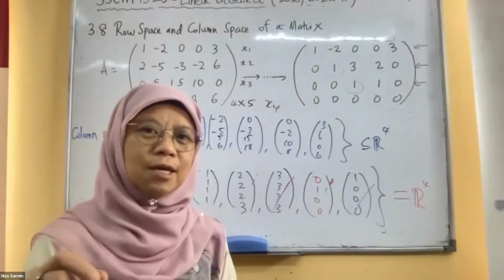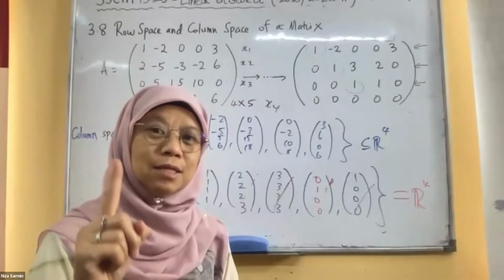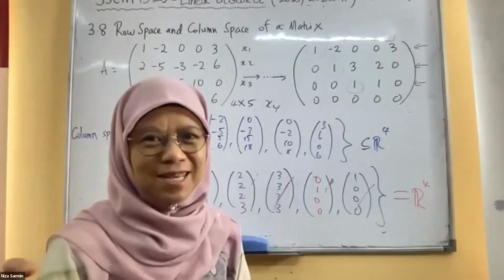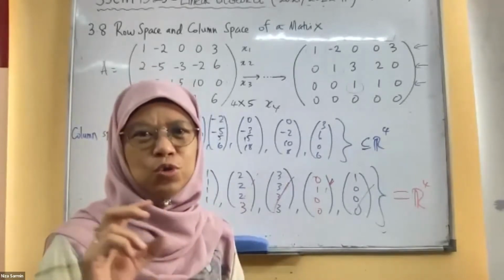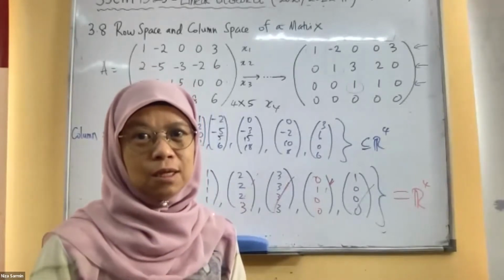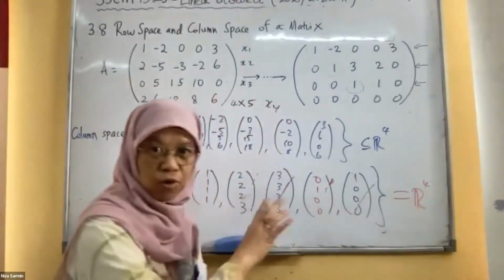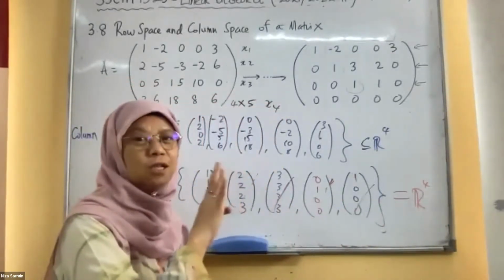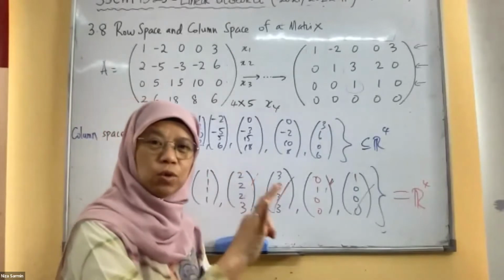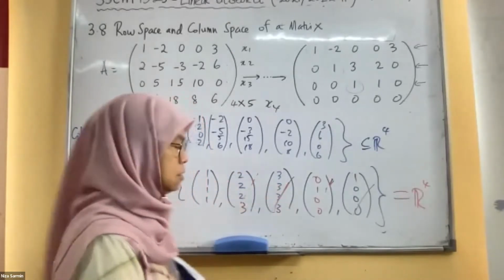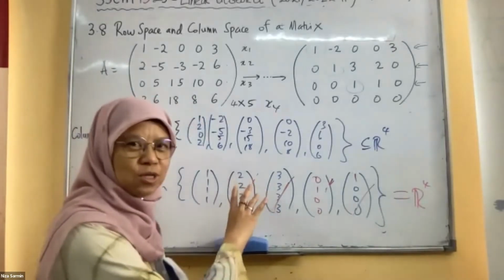And this can be done by just the same step, reduce. I have not shown you how yet, but I'm just showing you the possible answers. They can span the whole R4 if you have enough 4 that are linearly independent. If not, you will have 3, 2, 1. Okay, how do we get this? Just now we just looked at it, right?